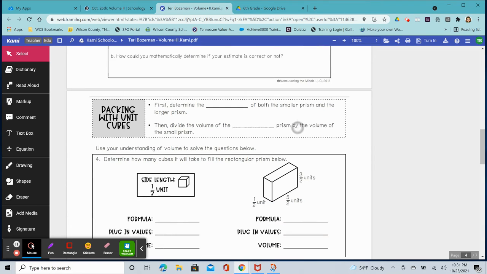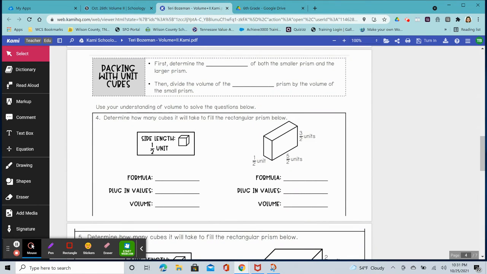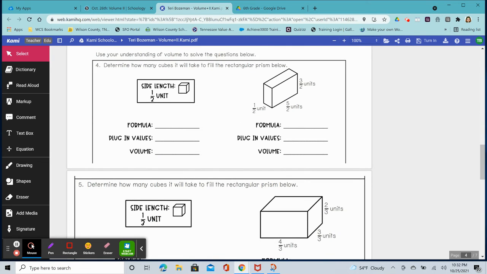So this would be the process here where we went over packing with cubes, this little section here: find the volume of each, and then divide the larger by the smaller. That would be the process behind it. And number 4 is actually a problem where we are putting that into practice. So determine how many cubes it will take to fill the rectangular prism below.